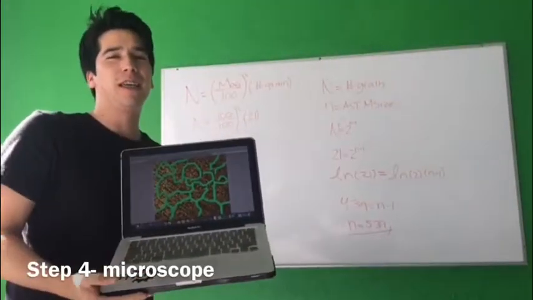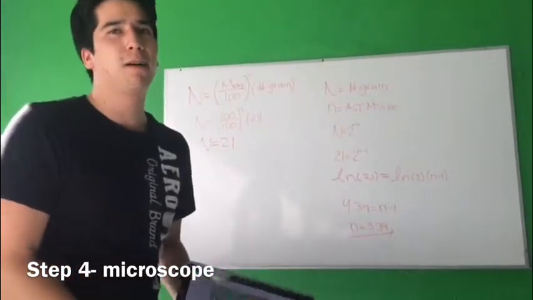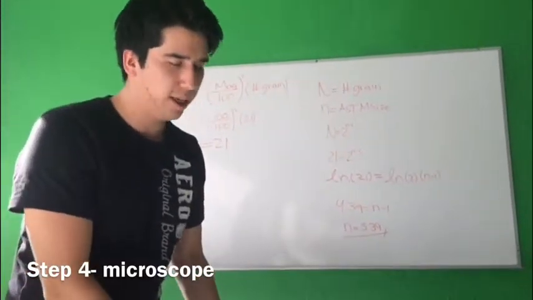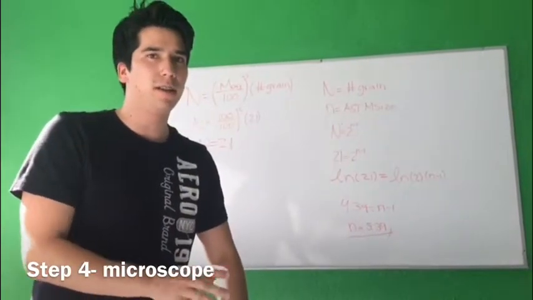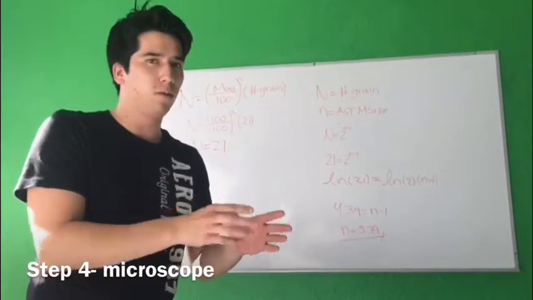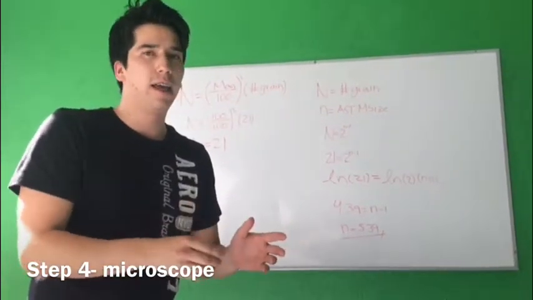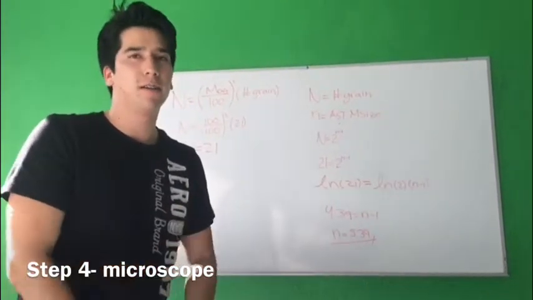In order to obtain this picture, we have to use the microscope that is in the laboratory. This instrument is so useful because we can see all the structures and the grains of this sample. And with this we can see how the materials behave.